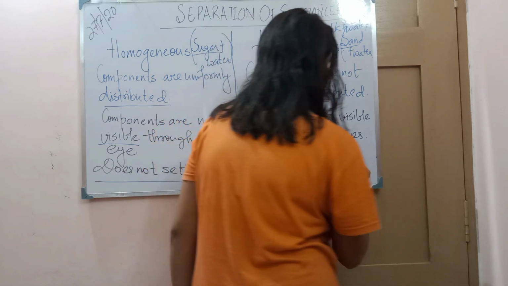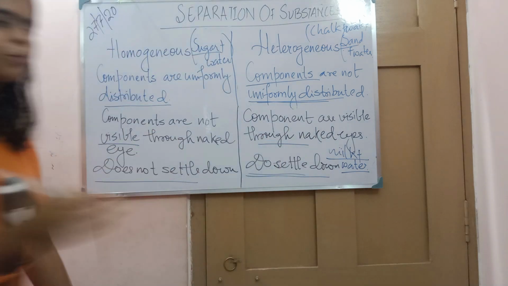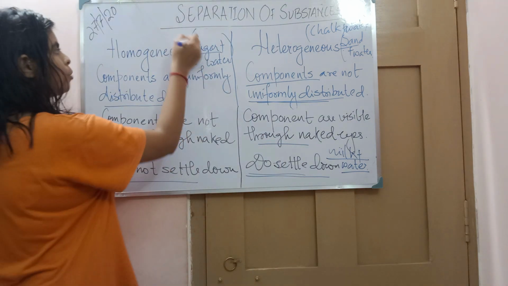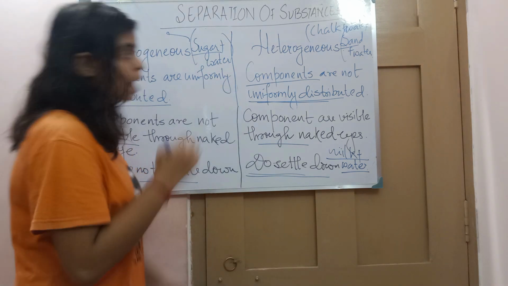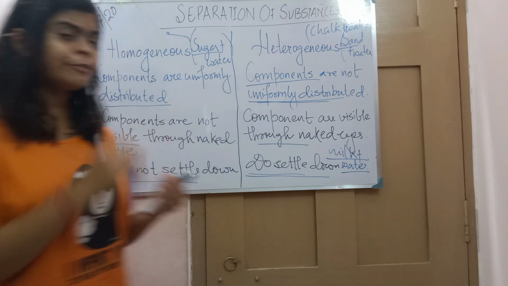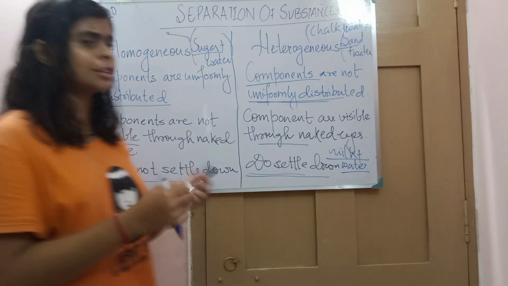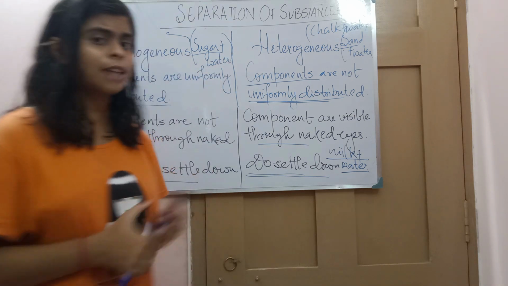Most people think that milk plus water is a homogeneous mixture, but it is not. It is a heterogeneous mixture. We can't see the components of the milk, and we have also seen that the milk doesn't settle down at the bottom with water above it.